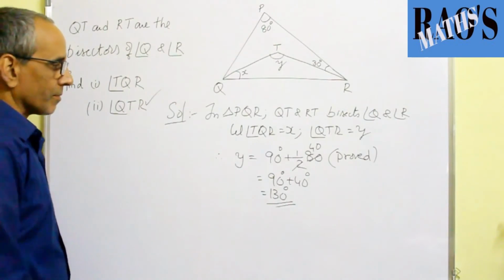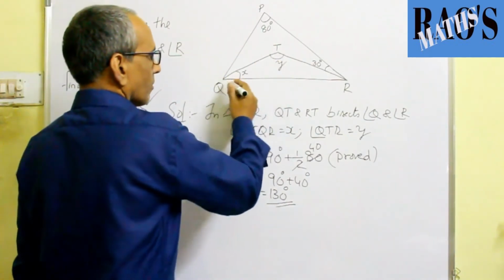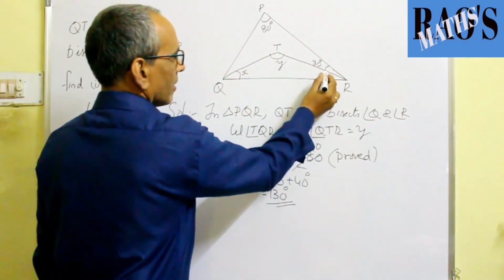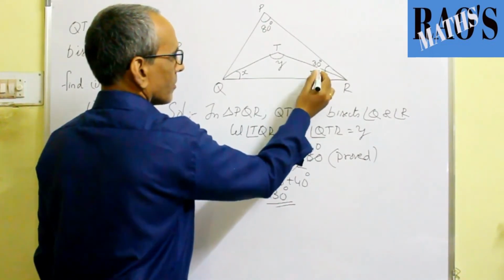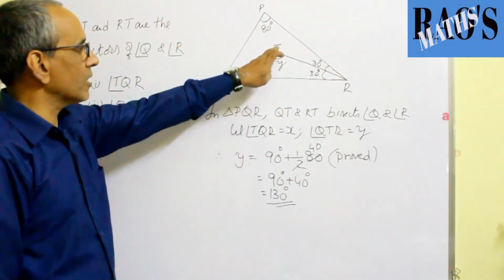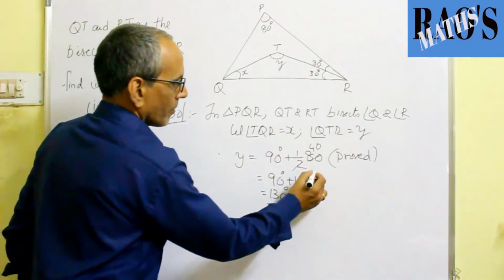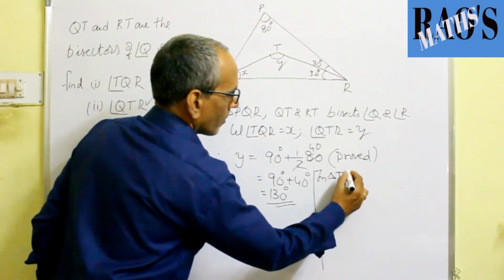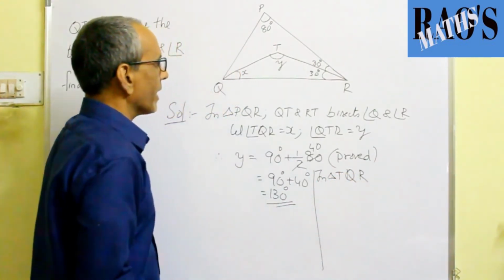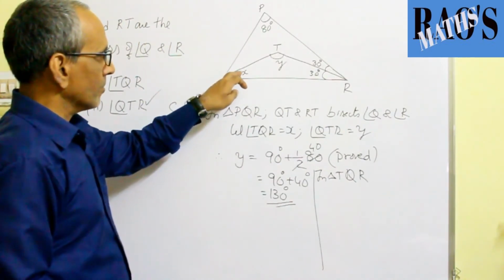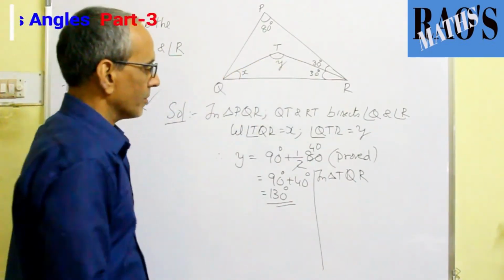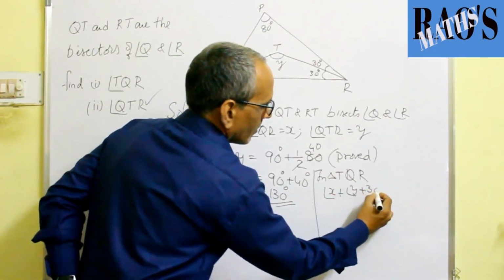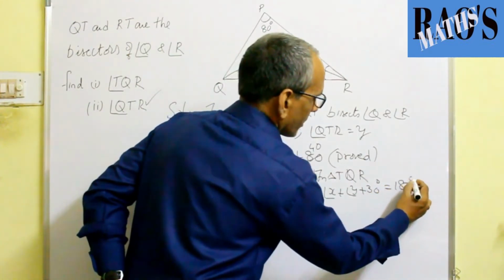One other thing: since RT is the bisector, angle TRQ also measures 30. Now I take this triangle, that is TQR. In triangle TQR, we have three angles: angle X, angle Y, and 30. Angle X plus angle Y plus 30 together is 180 by the angle sum property.